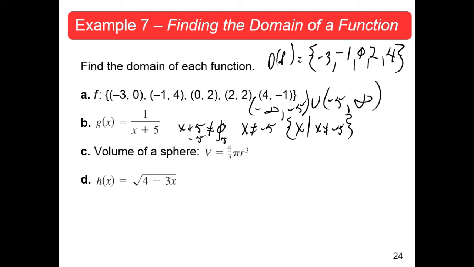5 cubed would be 125. Pi times that, 4/3 of that. Yeah, that's the volume of that sphere. Give me another real number. Okay. How about one down here? Negative what? Keep it simple. -2. Oh, I like that number.